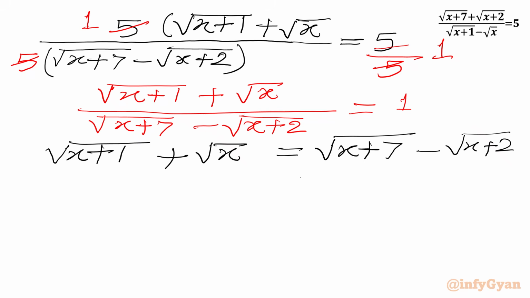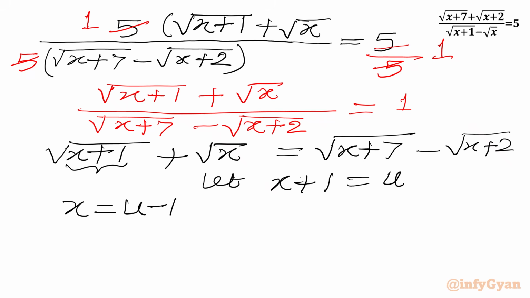Now we are going to use substitution. Let's say x + 1, suppose this is equal to u. So x will become u − 1. If x is u − 1, then x + 2 will be u + 1.